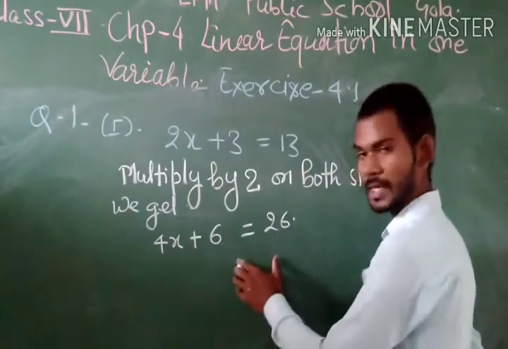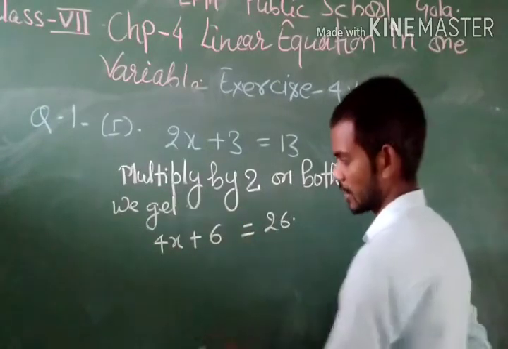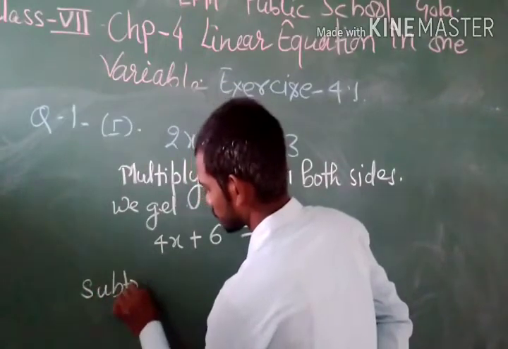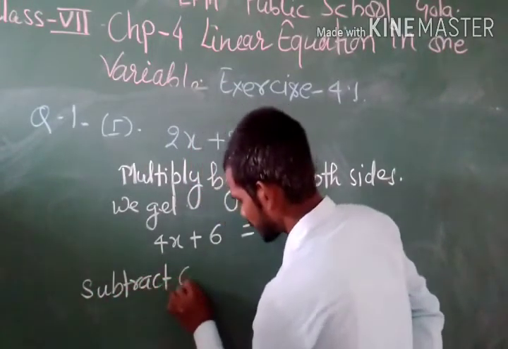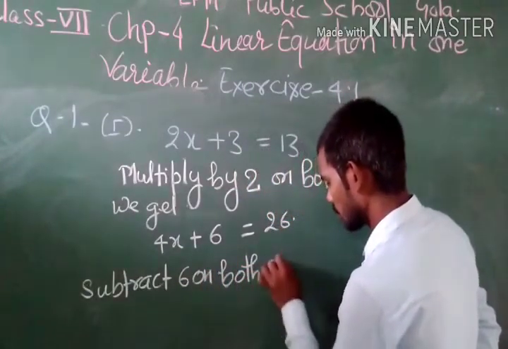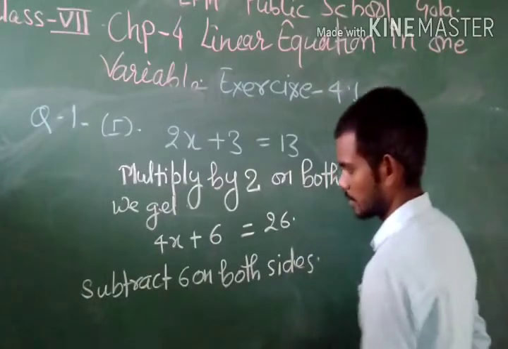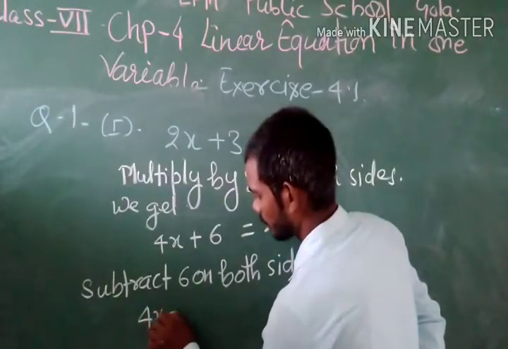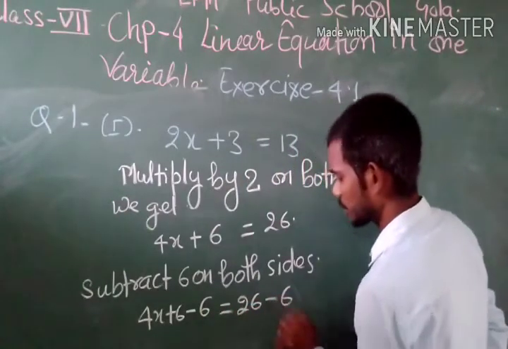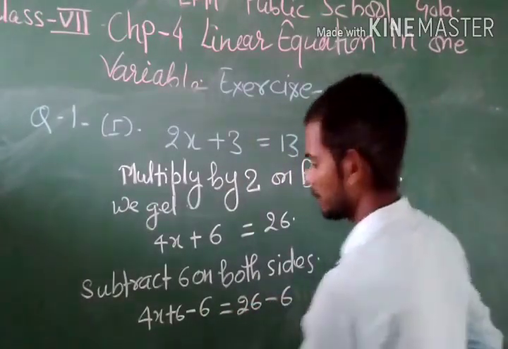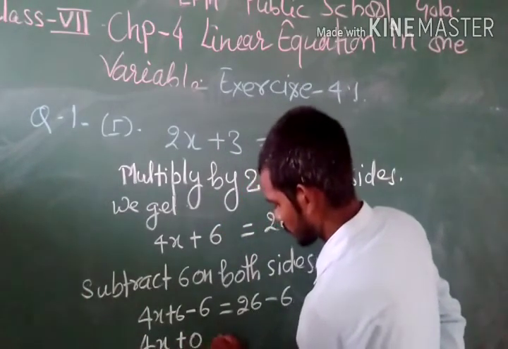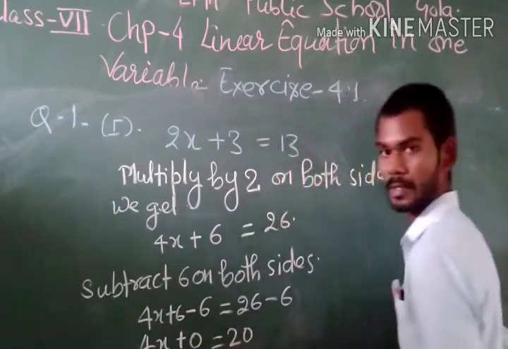Now, subtracting 6 on both sides, we have 4x plus 6 minus 6 is equal to 26 minus 6. We have 4x plus 0 is equal to 20.